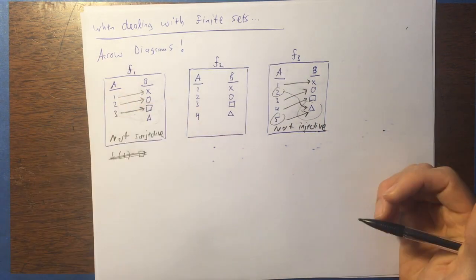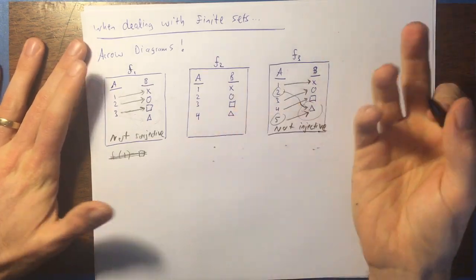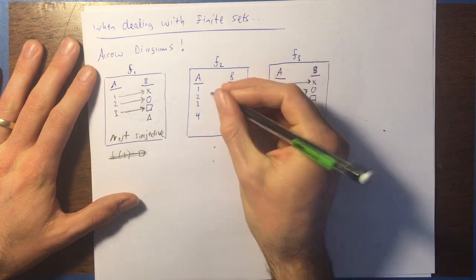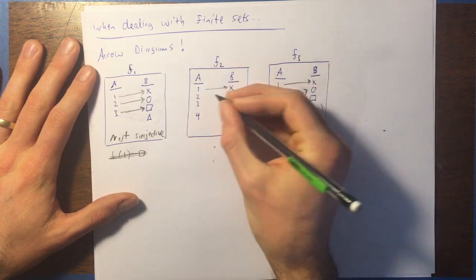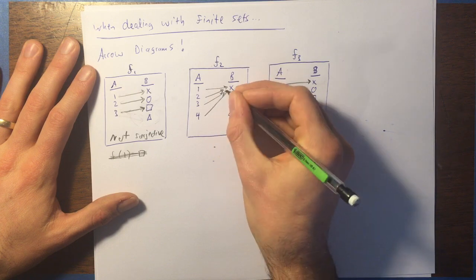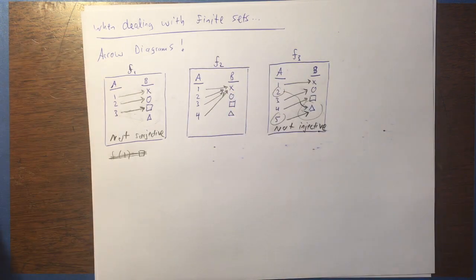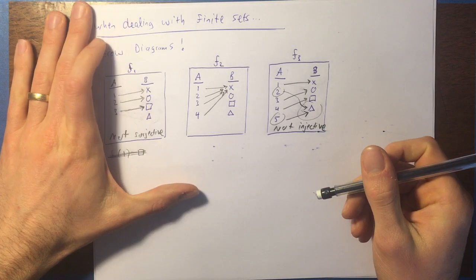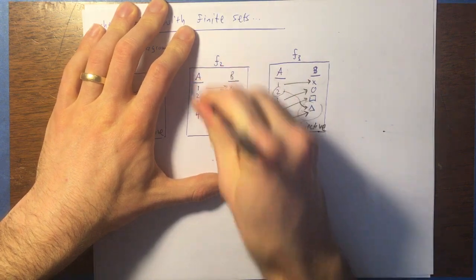So what if I have the same number of elements? Well, I can make whatever function I want here. I'm defining my function by where the arrows go, right? So I could have everything mapped to x. It's possible to do that, and that's not injective, and it's also not surjective, but that's a valid function.